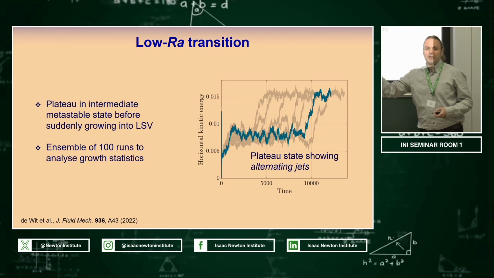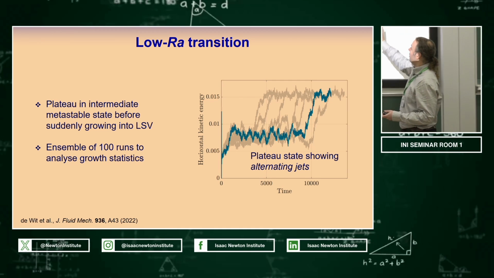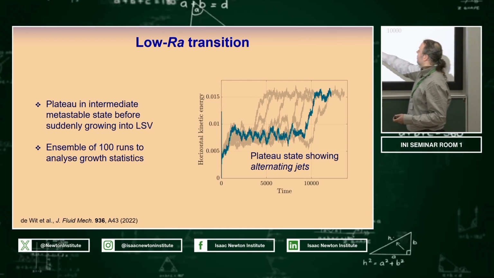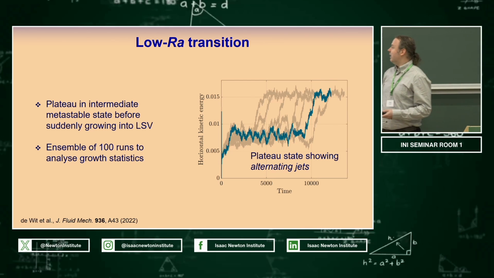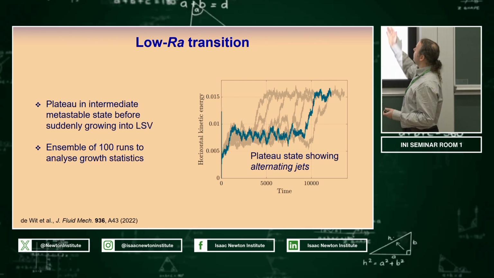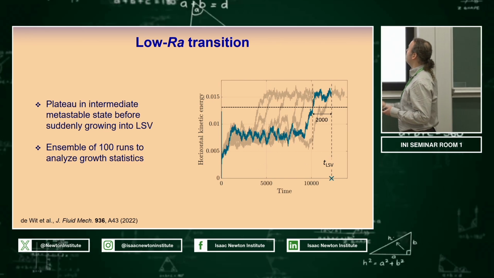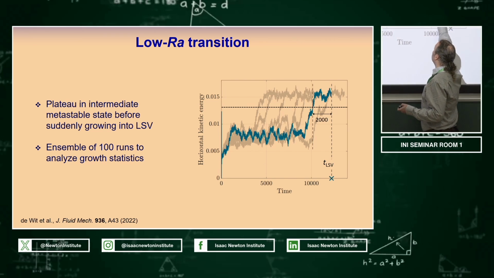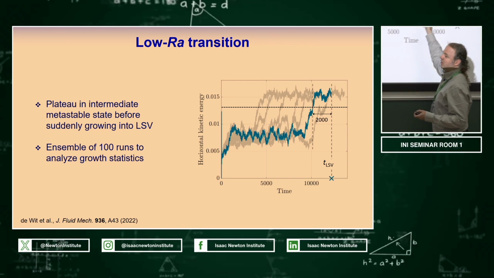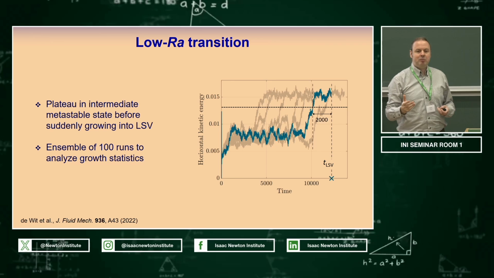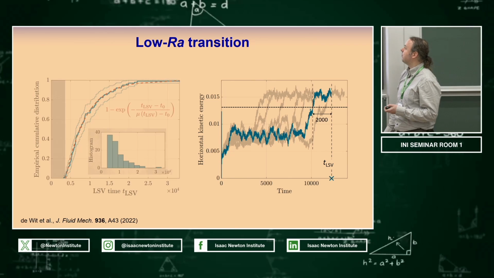So to get a better feeling for this, we did an ensemble of 100 simulations of this system, and sometimes they would take quite a long time. But eventually we could get some analysis of the statistics of these jump times. So we would consider the time that the system spends in this intermediate state and try to get a feeling for the distribution of these waiting times.